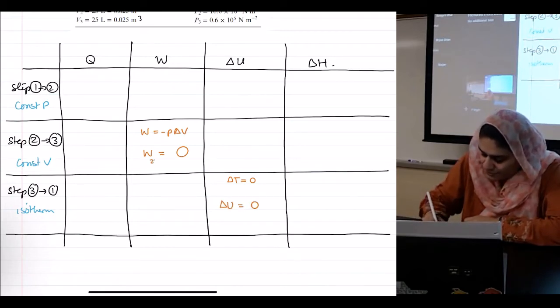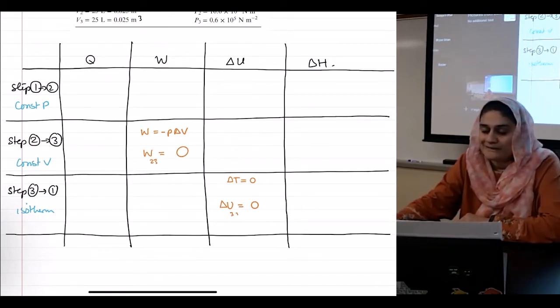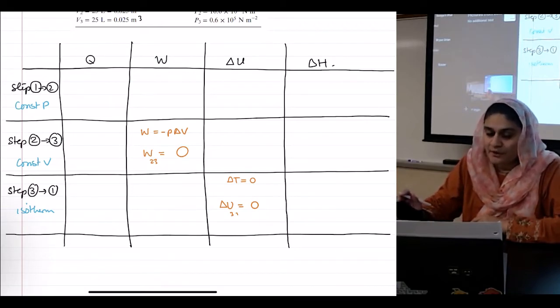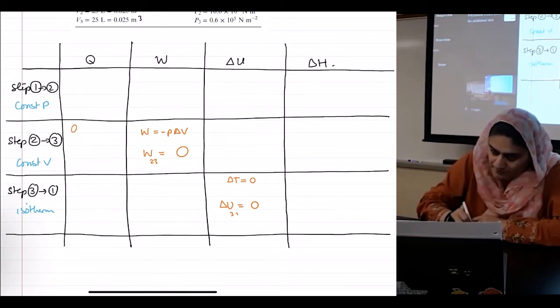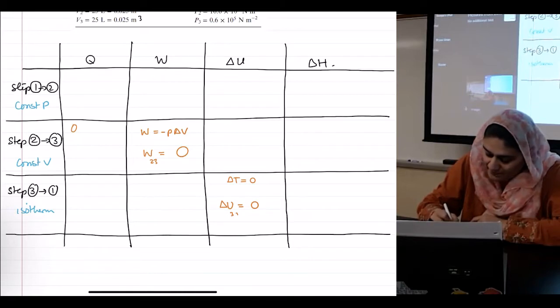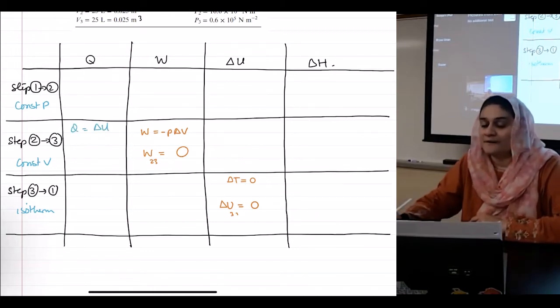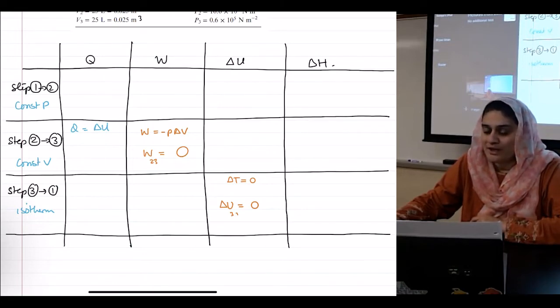So I'm going to write that in for 2 to 3 and 3 to 1. For a constant volume step, what can you tell me about the Q? Q equals delta U. Very good. So if I can find delta U, I will be able to find Q. Correct? Okay. What else can I know?